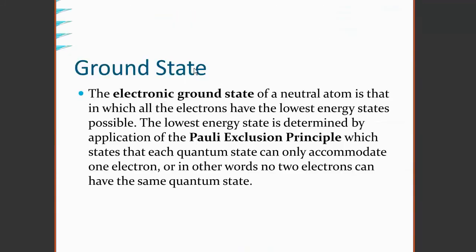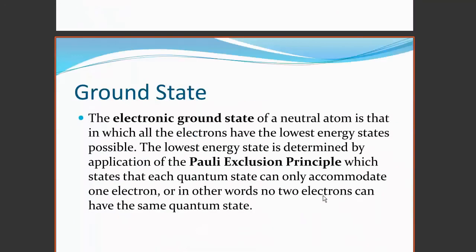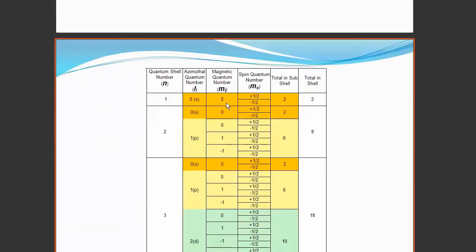From the previous slide, we see that for an n equals 1 shell number, the possible values for the azimuthal quantum number will be from 0 to 0, or in other words, it can only be 0. Shown over here, 0.